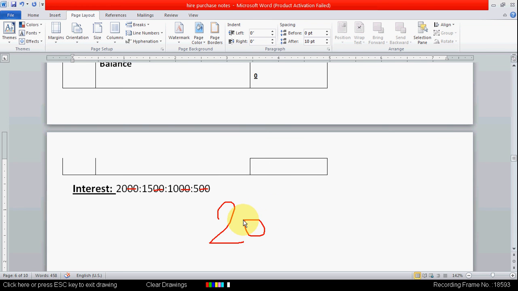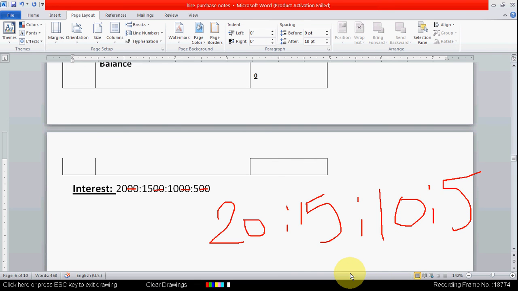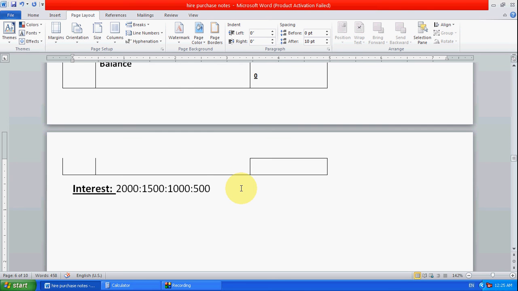This is the ratio: 20 to 15 to 10 to 5. We can detect this is the 5 table. 5 4s are 20, 5 3s are 15, 5 2s are 10, 5 1s are 5.